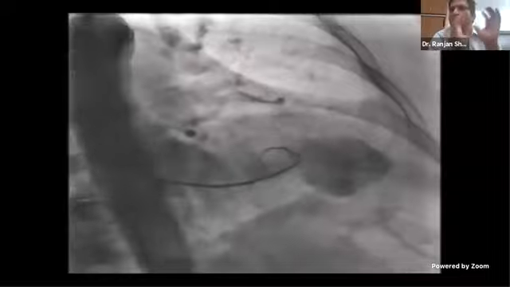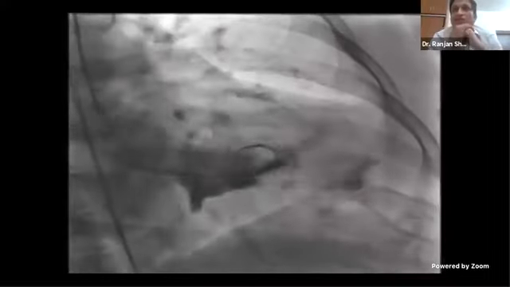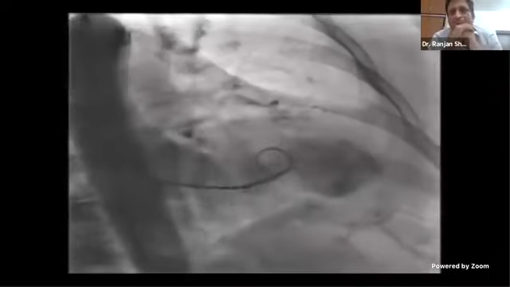Yes. At this point, you should be ready for some questions. This is RAO 30 view. Last class we were discussing which angios are done in RAO 30. In RAO 30, we do the LV angiogram, we see the mitral regurgitation and grading of aortic regurgitation.